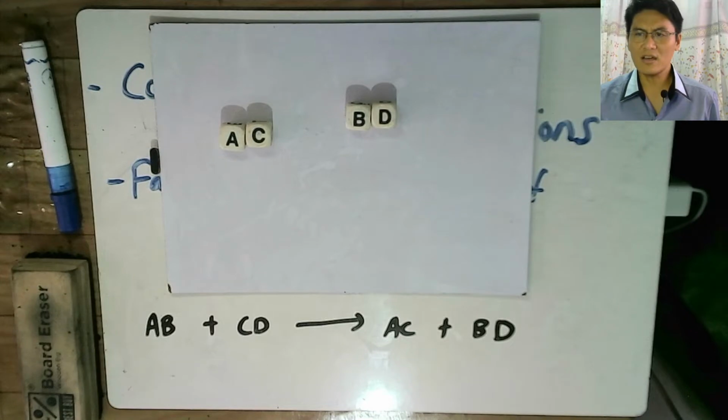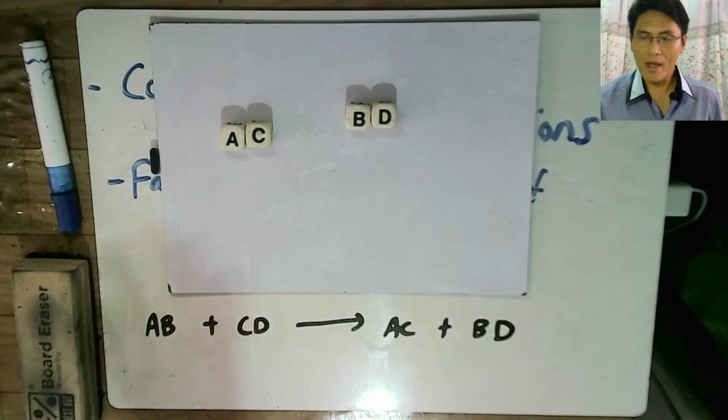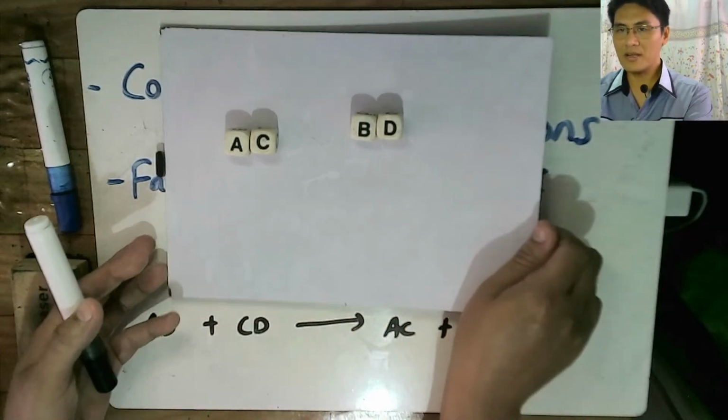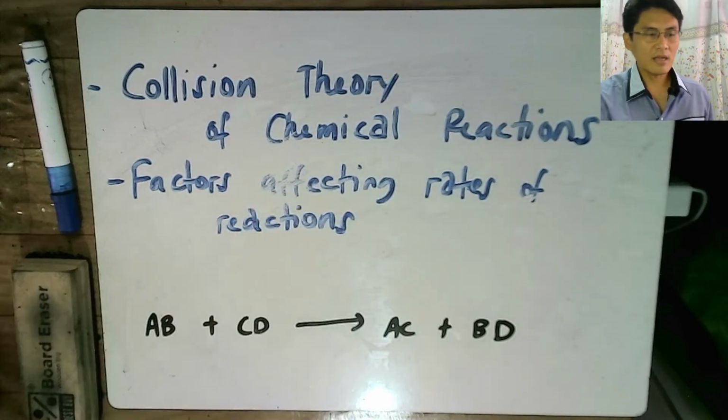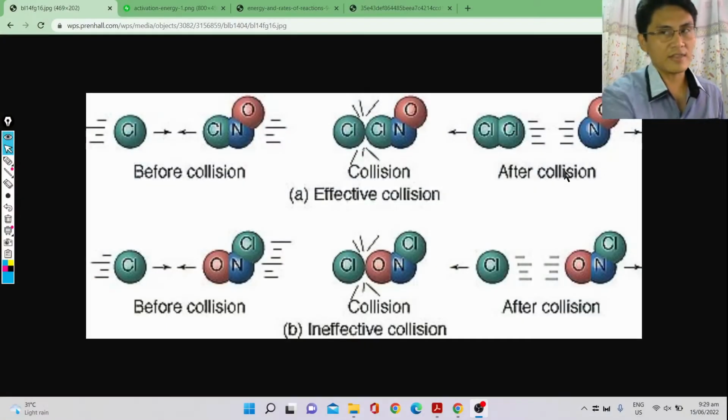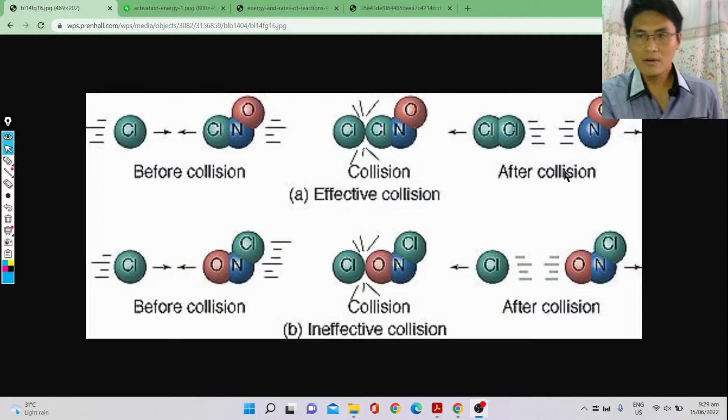So what is the theory or what model can we think about when we have to analyze a chemical reaction? Well, there is one such theory, and that theory is called the collision theory. So the collision theory looks like this, right? We propose that the reactants actually have to collide with each other.